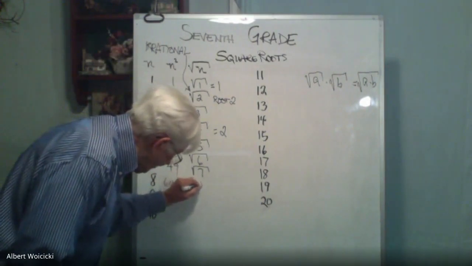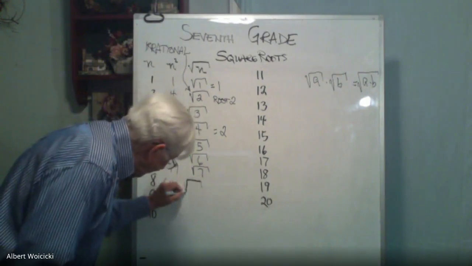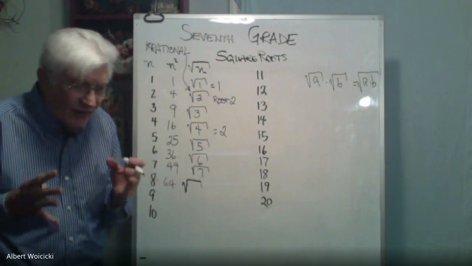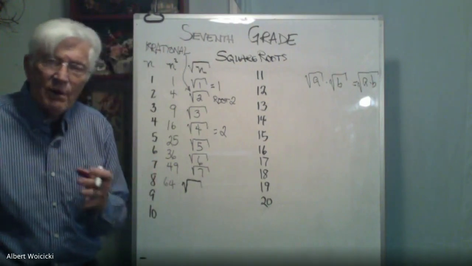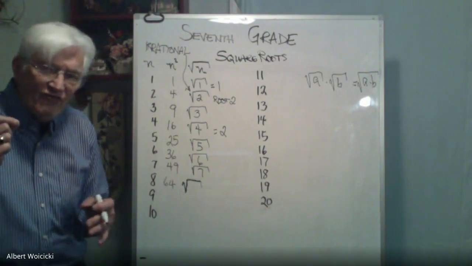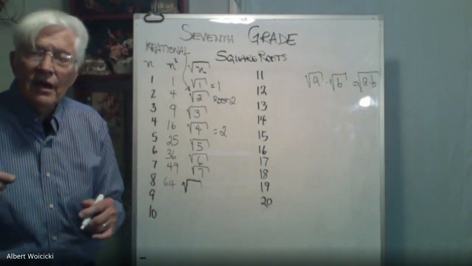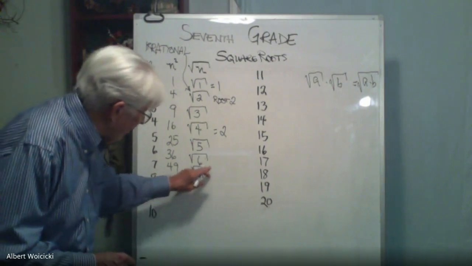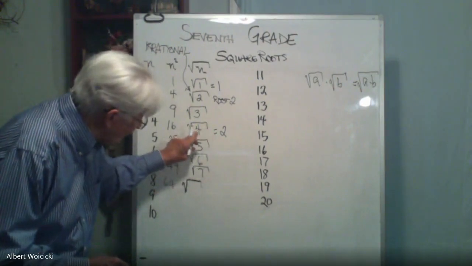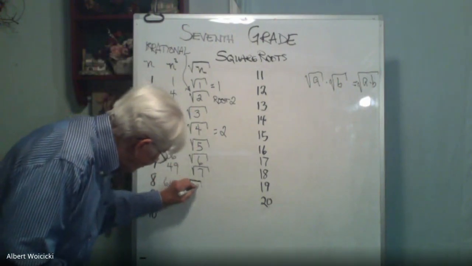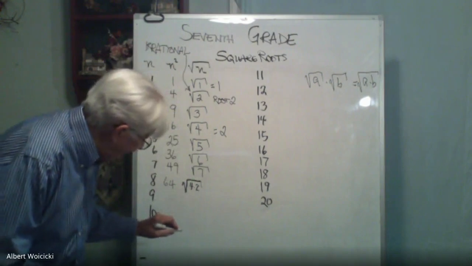Okay. Well, it's not that 8 doesn't have a number that perfectly makes 8. But is there a factor of 8 that's a perfect square? So I go back up here and I look. Yeah, 4 goes into 8. So I have 4 times 2. That makes 8.